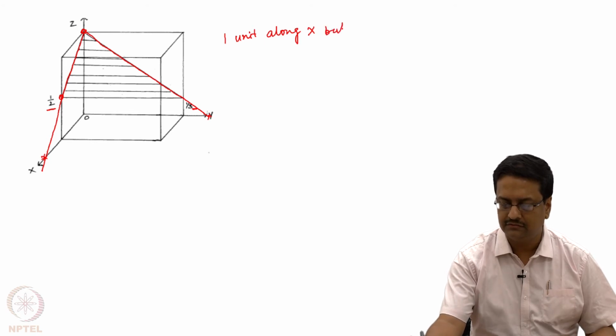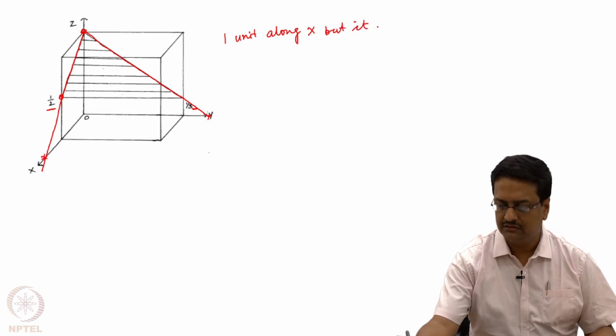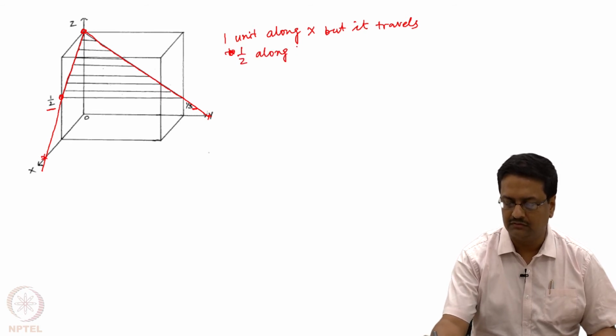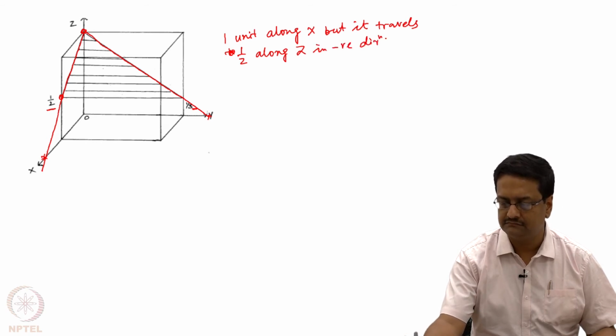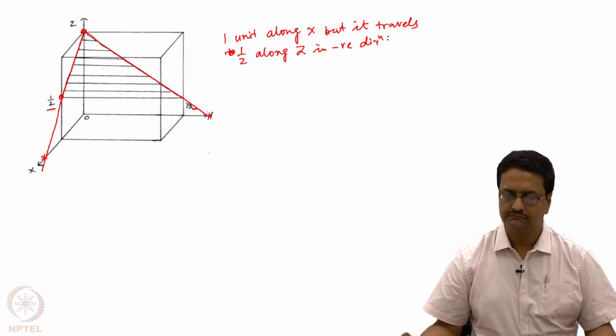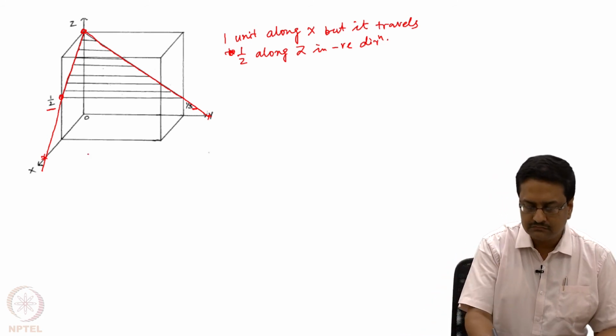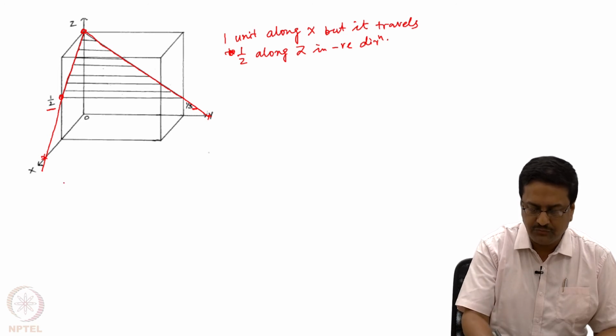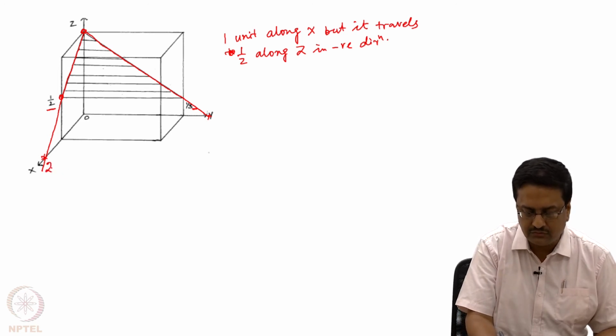What we see is that the line from here to there travels 1 unit along the lattice, or along x, but it travels half along z in negative direction. So this line would meet the x-axis at 2.